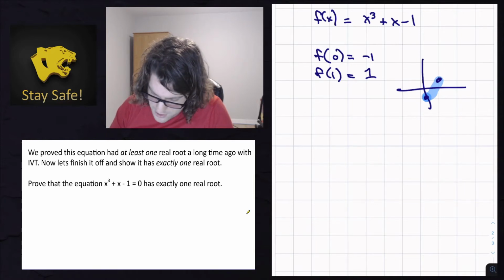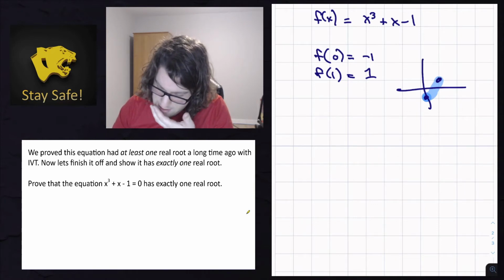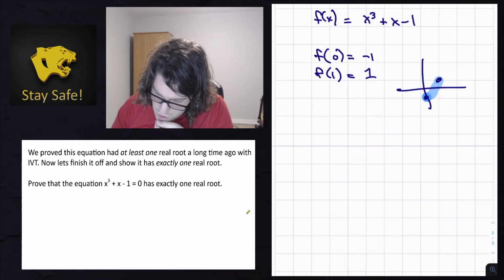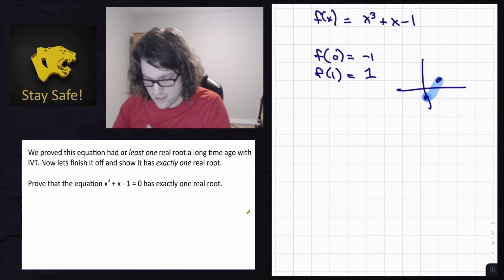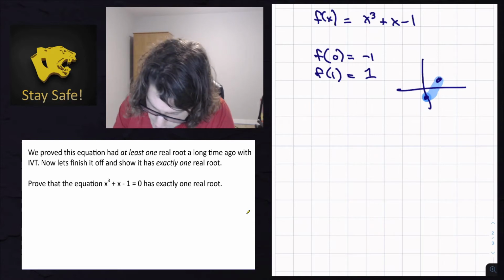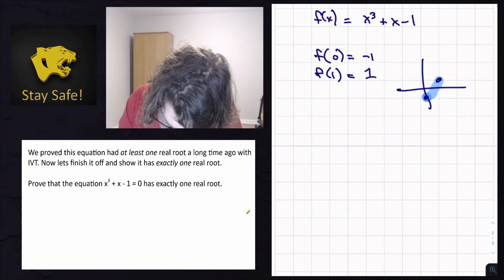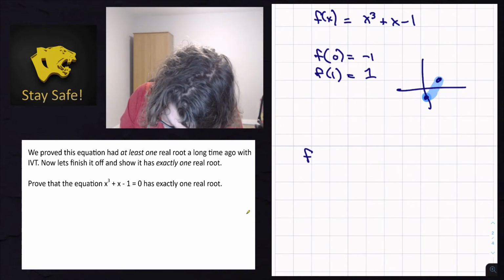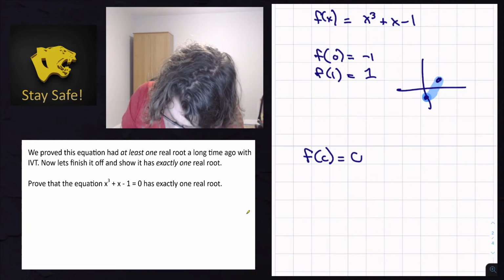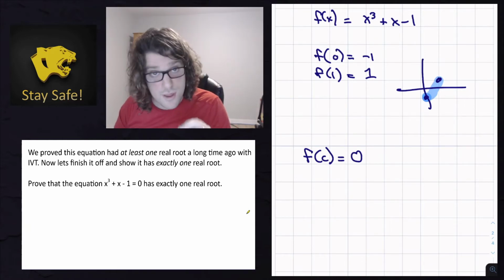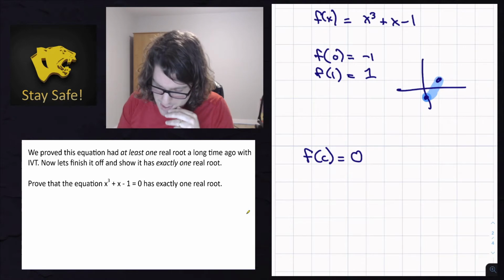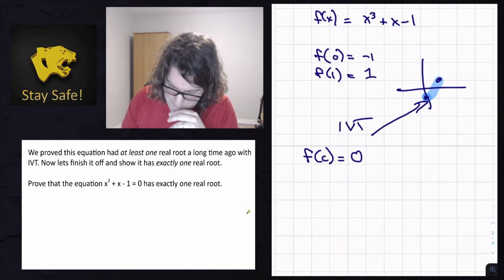What we're going to do is we need to find 2 values of this particular, that's right. So if we assume that there is a root at c, so f of c equals 0, and there's at least one. We know that this f of c exists because of the intermediate value theorem.